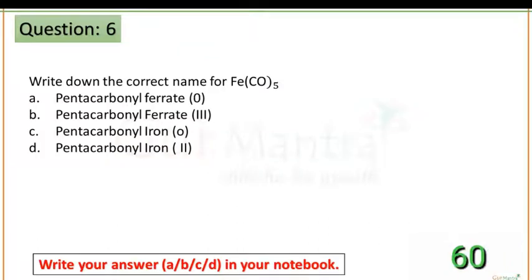Write down the correct name for Fe(CO)5. Options are pentacarbonyl ferrate(0), pentacarbonyl ferrate(III), pentacarbonyl iron(0), or pentacarbonyl iron(II).